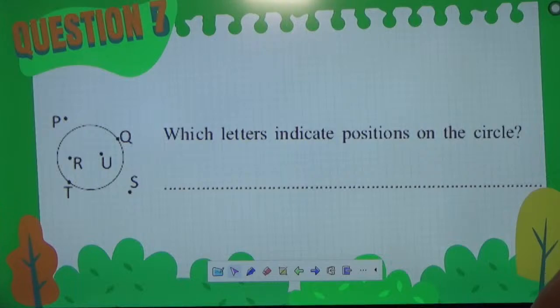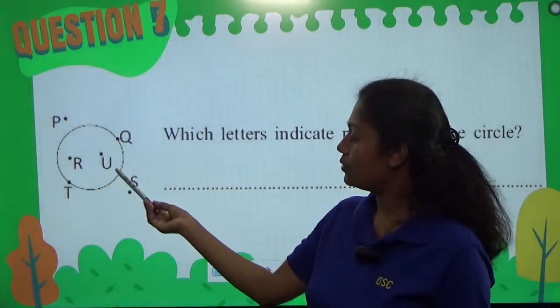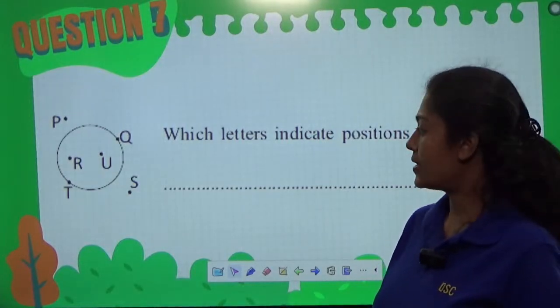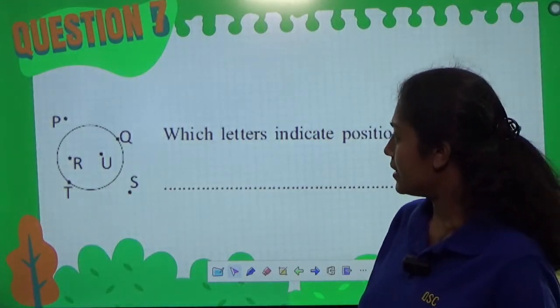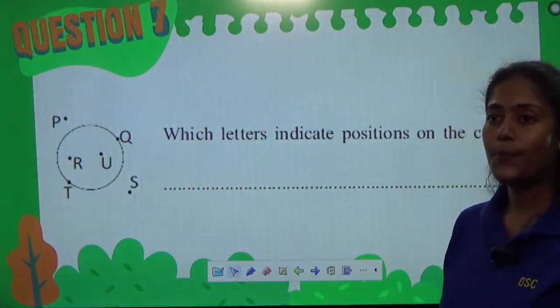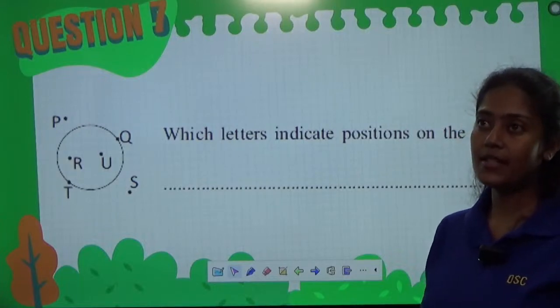We check what happened to the other letters also. Here R and U. What can you say about R and U? Yes, they are inside the circle. Then P and S. What can you say about P and S? Those are outside the circle.